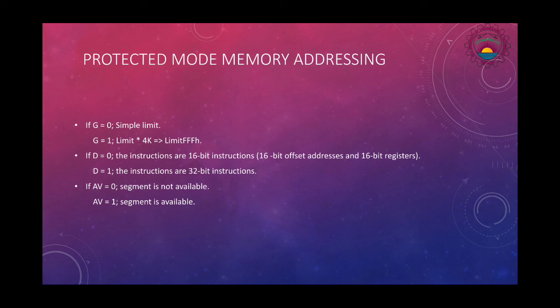But if G bit is 1, then limit will be multiplied by 4k before adding into the base address for finding the final address of the segment accessed.